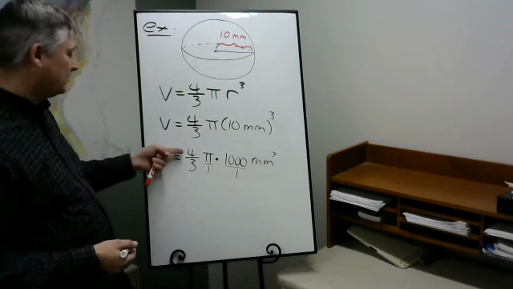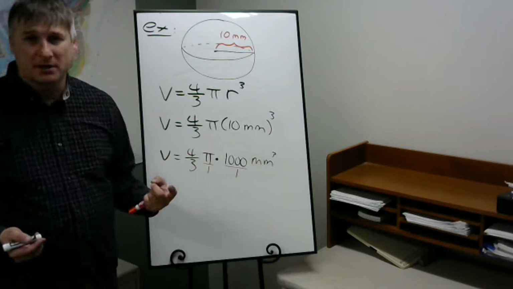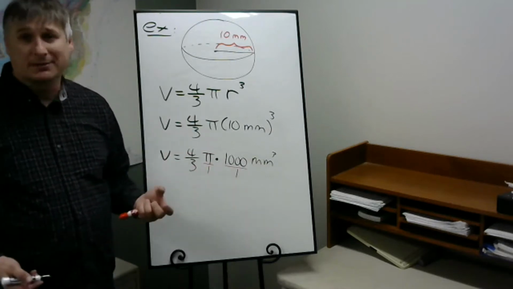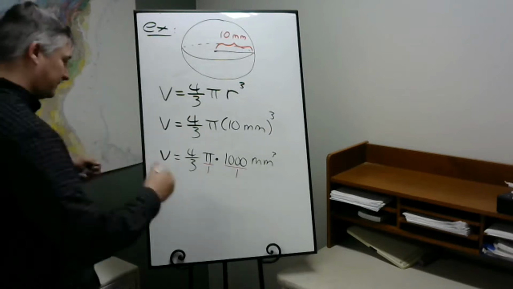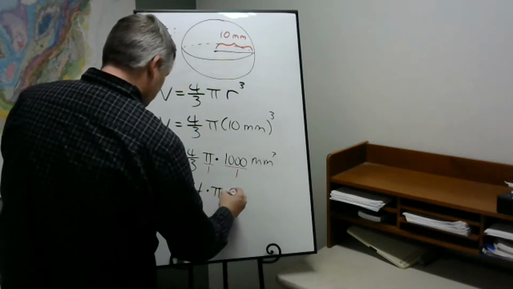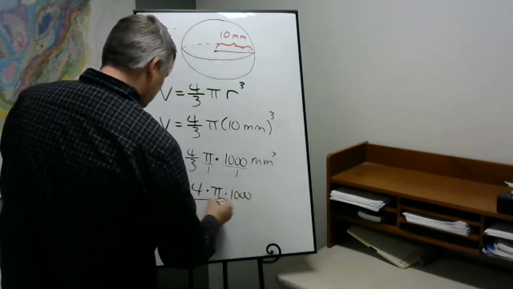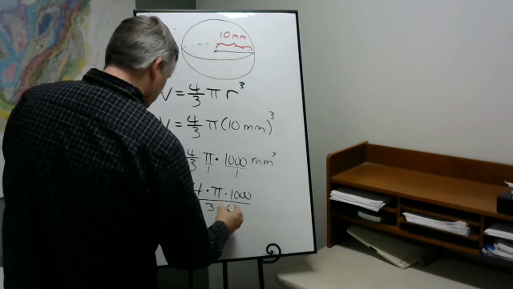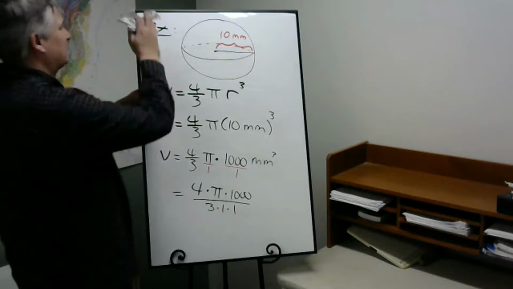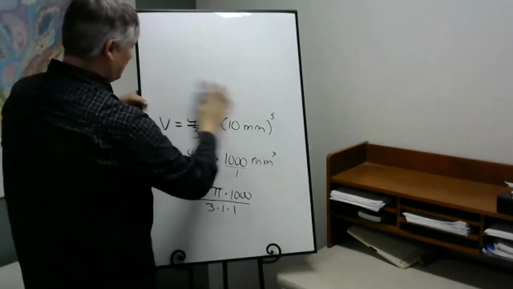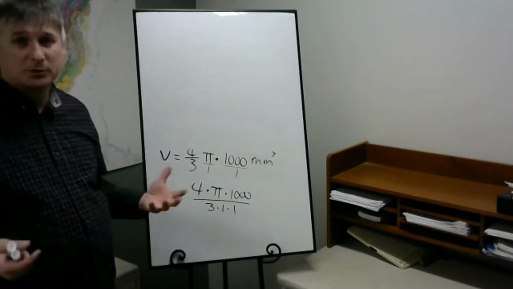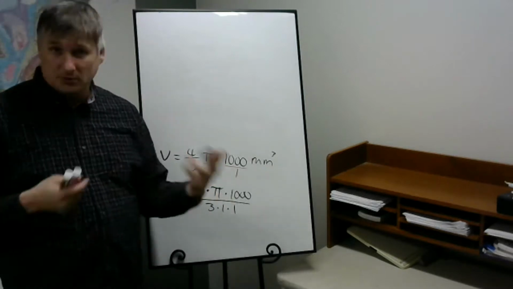Now, when you multiply fractions, you multiply the top numbers, or the numerators, together, and then you multiply the bottom numbers, or the denominators, together. So you're going to get this. So we can do 4 times 1,000, and with multiplication, you can switch the order of multiplication like you can with addition.